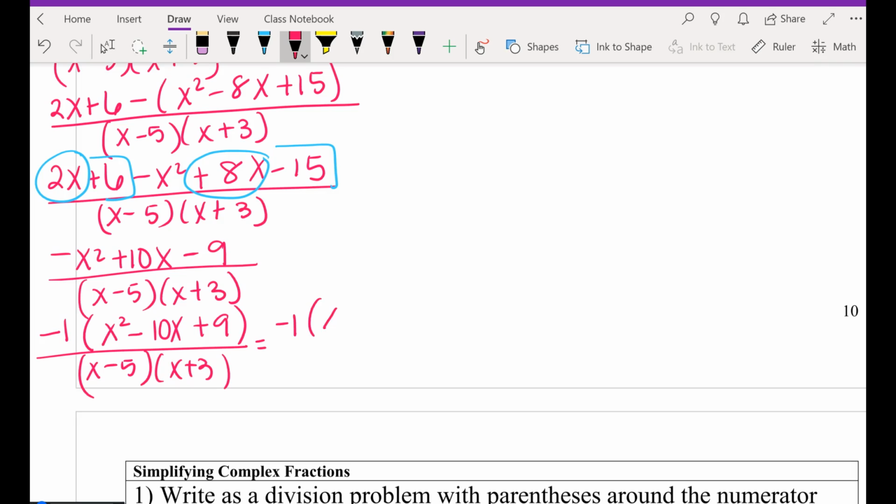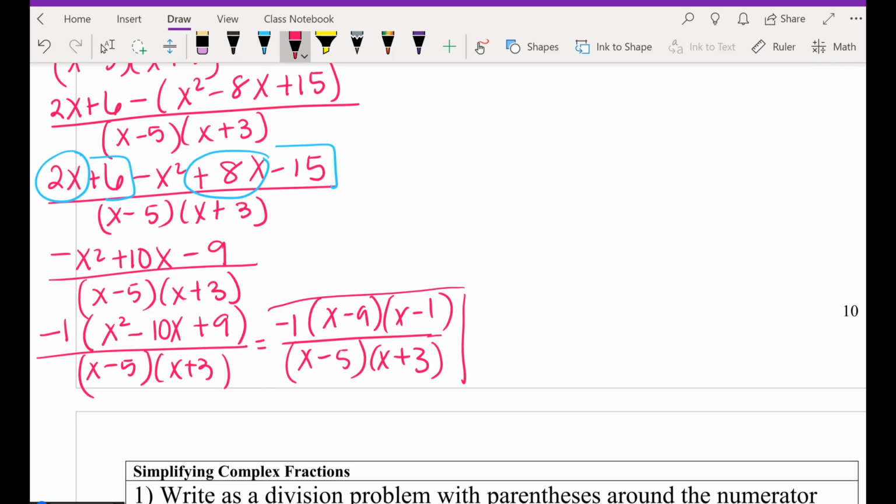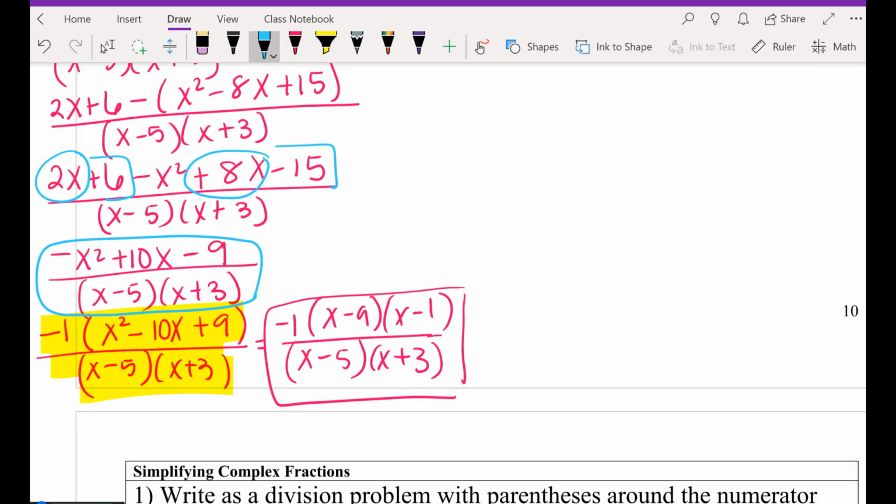Okay, so negative 1 times x minus 9 times x minus 1, all over x minus 5 times x plus 3. Would you agree that none of it is reducible anyway? Okay, so I can box that up. I can even box the one before that. Would you guys agree with that? Because it's not reducible. Even better, can I even box the one before that? Because none of it is reducible anyway.